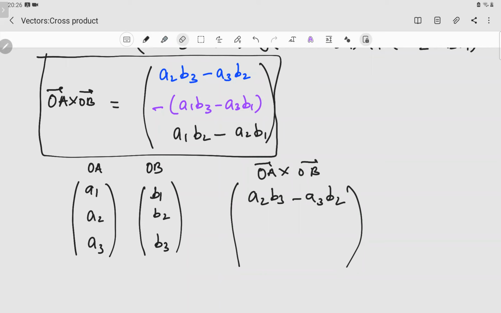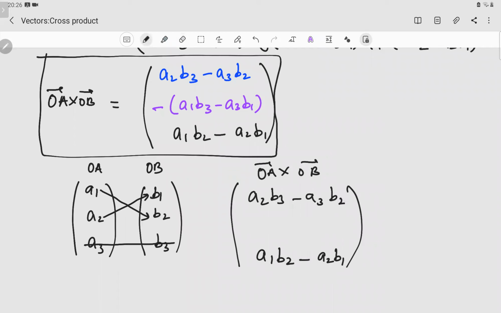For the third entry, you will hide these entries A3 and B3. You will multiply A1 with B2 and then minus A2B1. So A1B2 minus A2B1. Okay, this is the method if you do not want to use determinant to expand it.